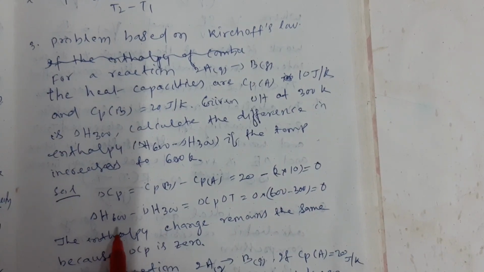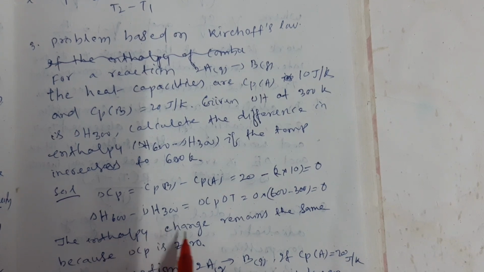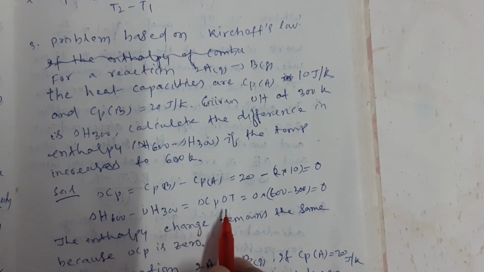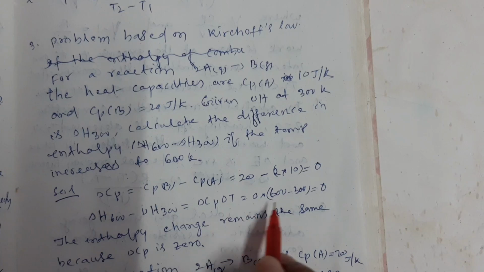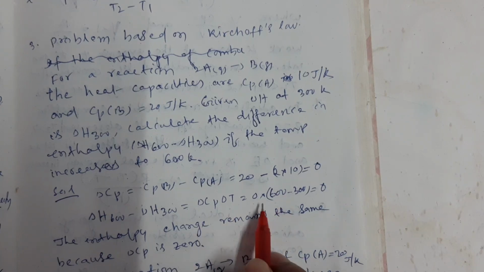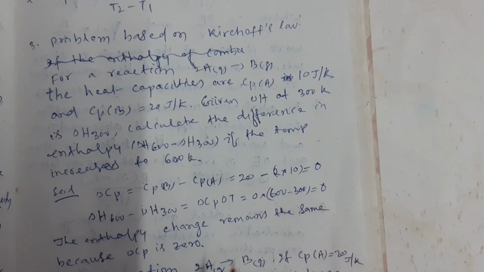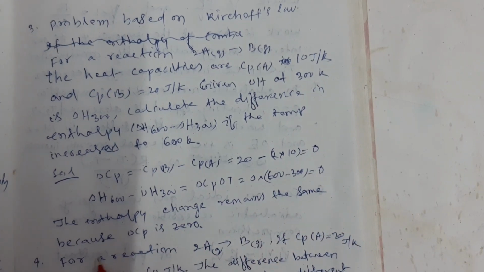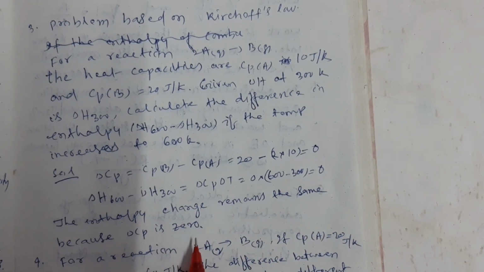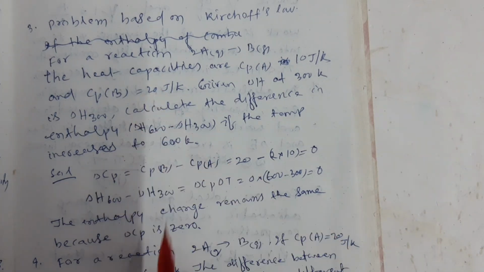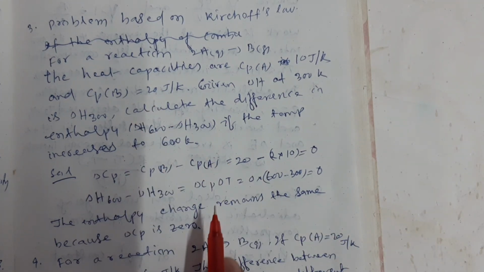And ΔH600 minus ΔH300 is equal to ΔCp times ΔT. ΔT is 300 and ΔCp is 0, so therefore the total is 0. That is, the enthalpy change remains the same because ΔCp is 0. Okay, so this problem is based on Kirchhoff's law.